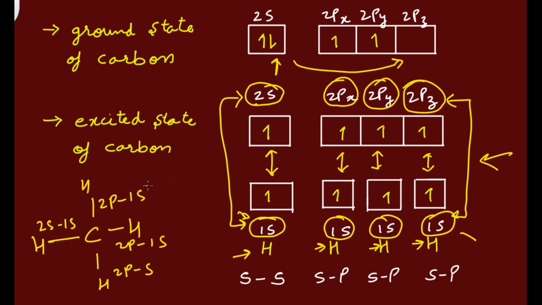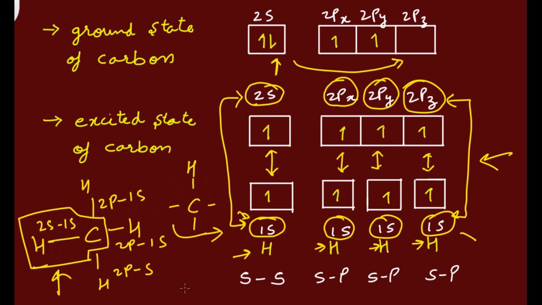So three bonds should be of equal length, and one bond, that is the bond between the 2s orbital of carbon and the 1s orbital of hydrogen, should be of different length, right? But in reality this is not possible. All the bonds of carbon and hydrogen in methane are of equal length. So how is this possible? This was not explained by valence bond theory.